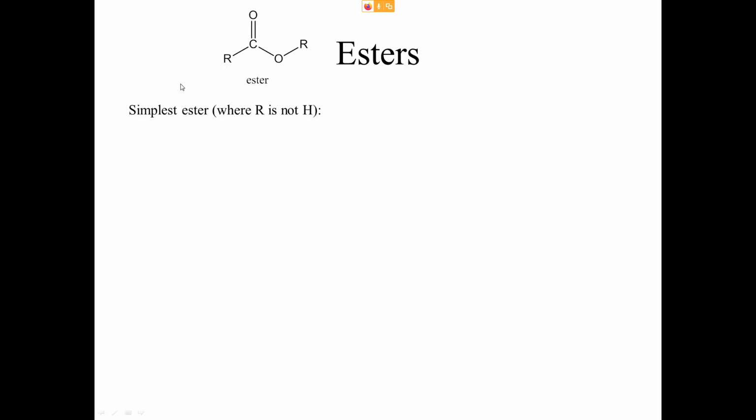Okay, so the simplest ester you can think of, meaning I use the fewest number of carbons possible, where R is not a hydrogen. These R's are not necessarily the same R, but the R is not a hydrogen, where I have at least a carbon on each side. What would be the simplest one you can think of? How many carbons would it have total? 3. 3, exactly.